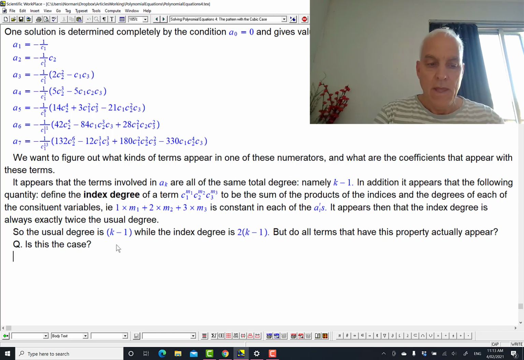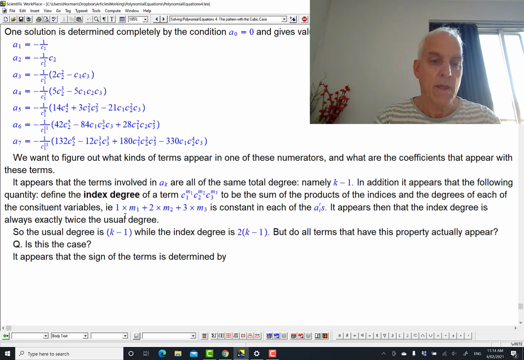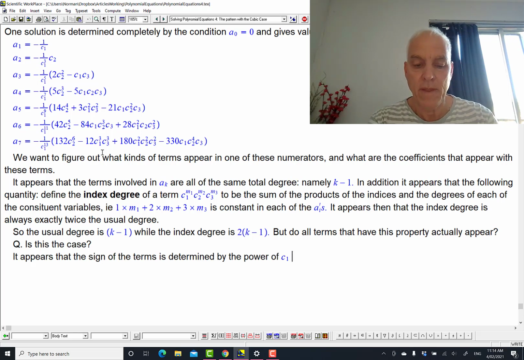It appears that the sign of the terms is determined by, well, I think it's not too hard to figure out, at least what it's suggesting. It's C1 which is controlling this. It's determined by the power of C1 appearing in the term.